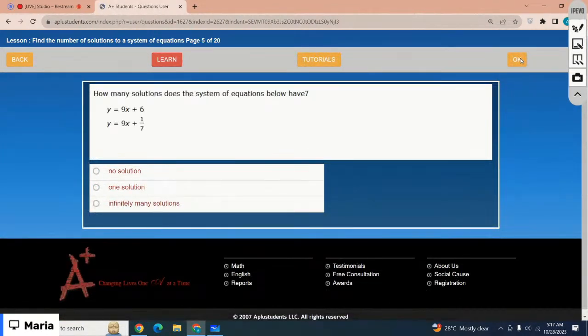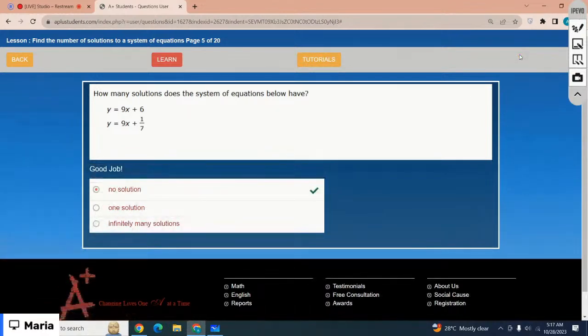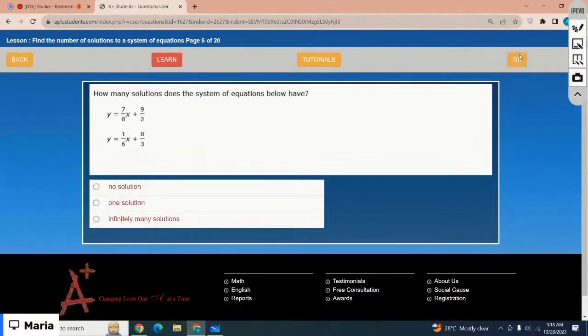Okay, how many solutions does the system of equations below have? Which is the correct option? Very good. That means the system has no solution because they have same slope but different y-intercept. So the system has no solution. Got it? Okay, how many solutions does the system of equations below have?